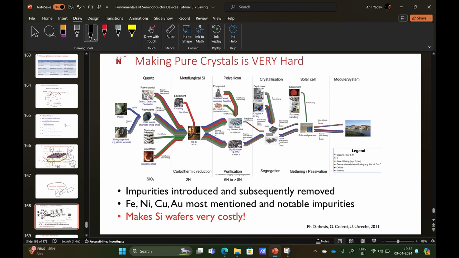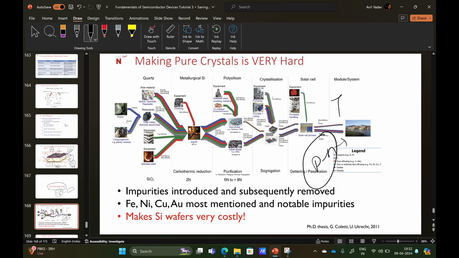Why are we moving towards thin film solar cells from the bulk PN junction solar cells? Just appreciate how energy intensive it is to make a silicon solar cell.